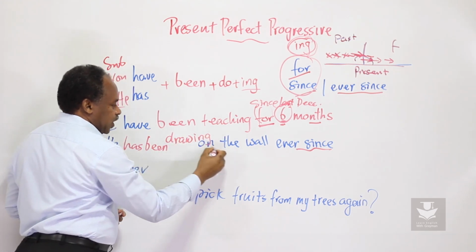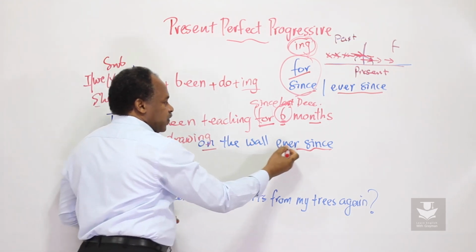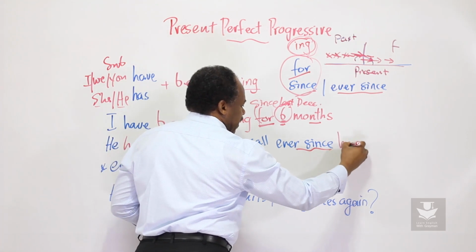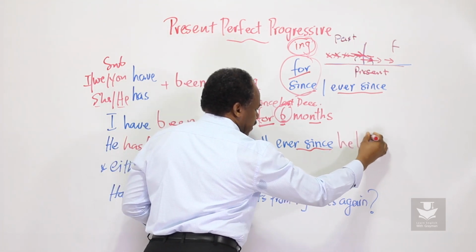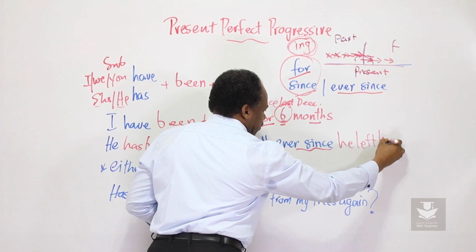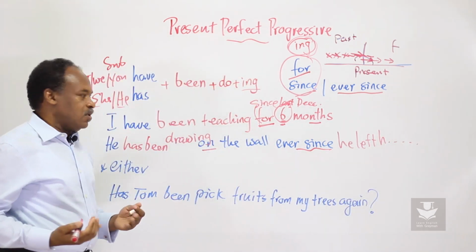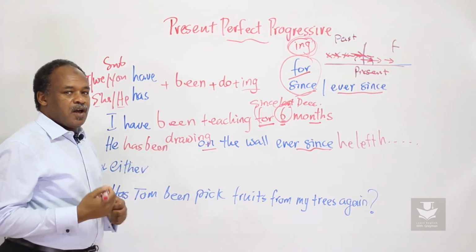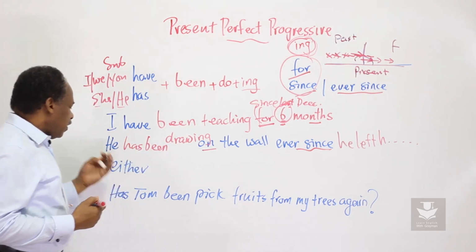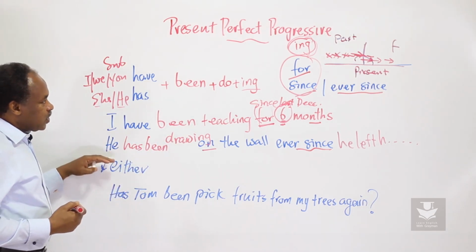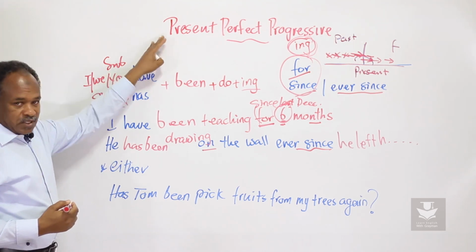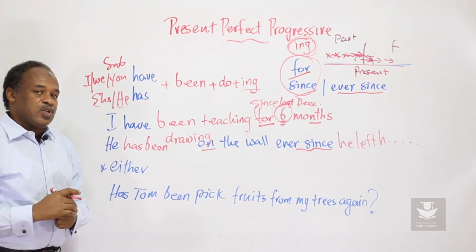He has been drawing on the wall ever since he left high school, for example. Ever since he left high school, he's been drawing on the wall, okay? Another point is very important for the present perfect tense.